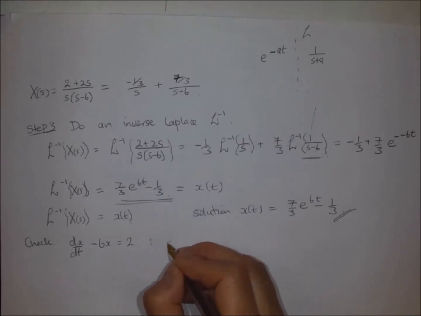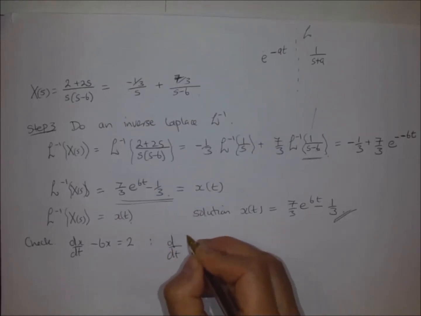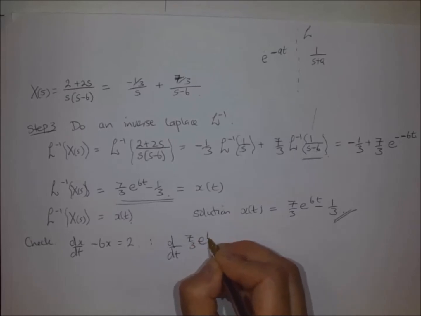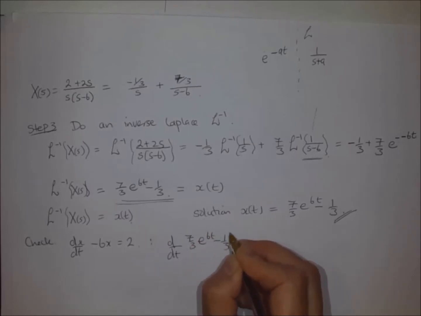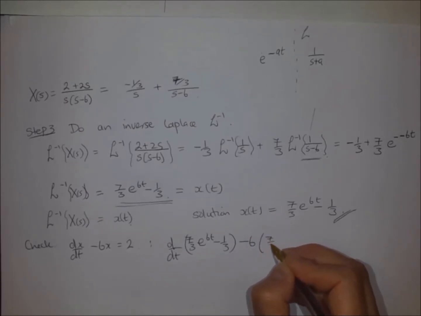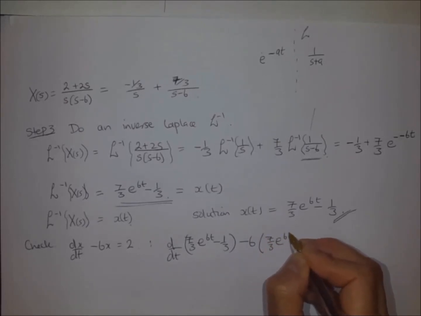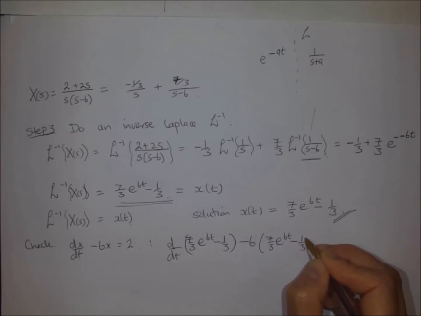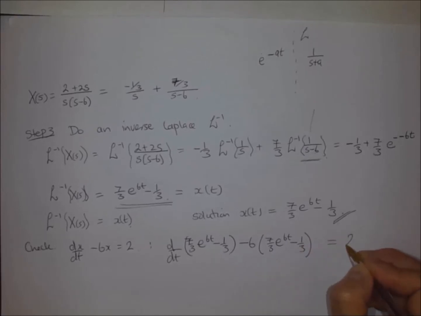So basically it's d/dt of 7 over 3 e to the 6t minus 1/3, minus 6 times 7 over 3 e to the 6t minus 1/3. And that should equal 2.